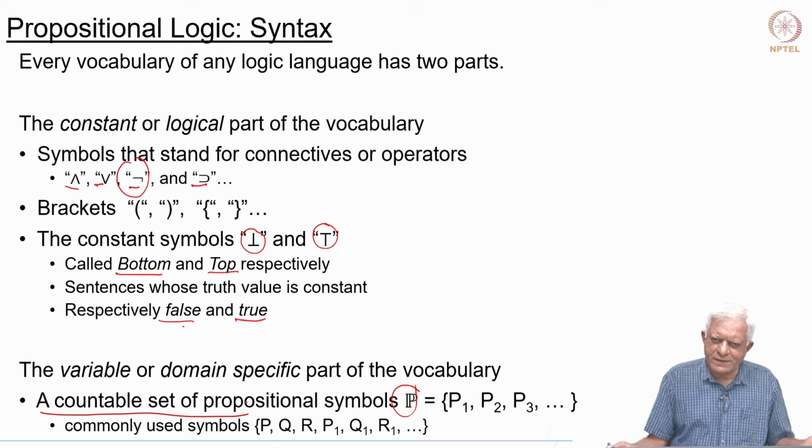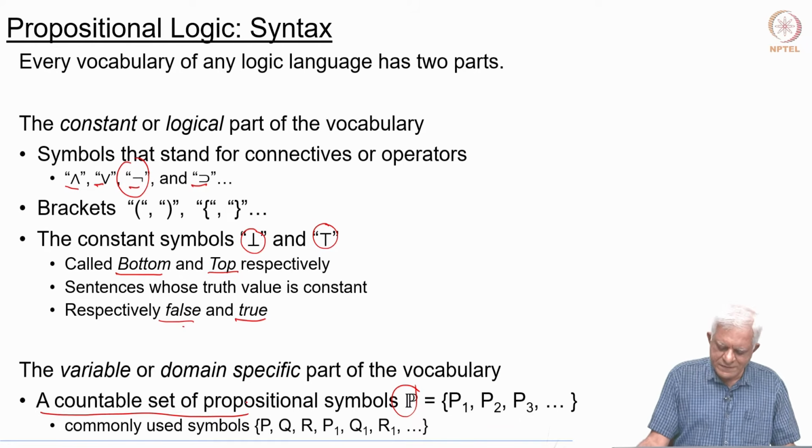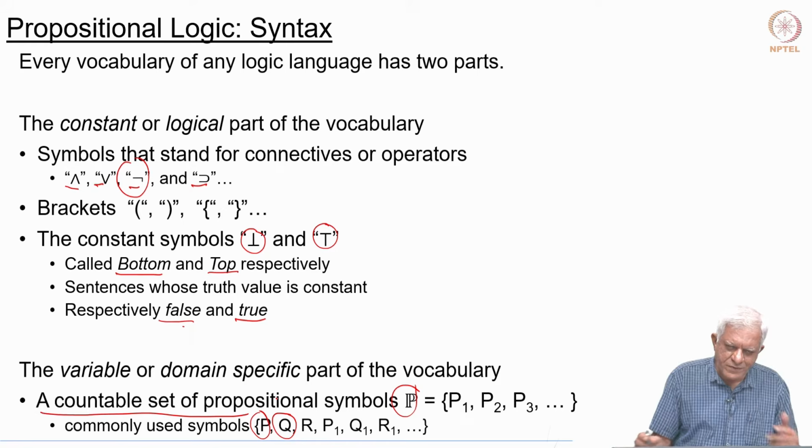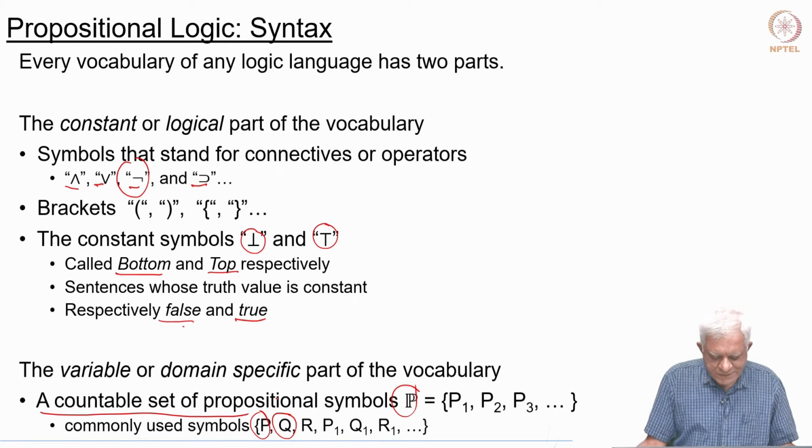Basically, you can choose any number, and there is no limit on how many you can choose, but you should be able to enumerate them: this is the first symbol, this is the second symbol, this is the third symbol and so on. So, for example, P1, P2, P3, or more often than not we use different symbols, because we have certain things in mind. So, P, Q, R and so on and so forth.